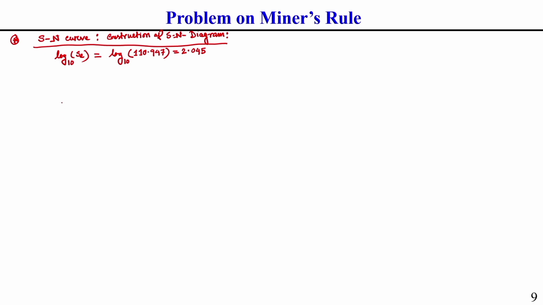Another value is required for the SN curve, that is log 10 of 0.9 ultimate strength. The ultimate strength is 500 MPa, so this will give us a value of 2.6532.